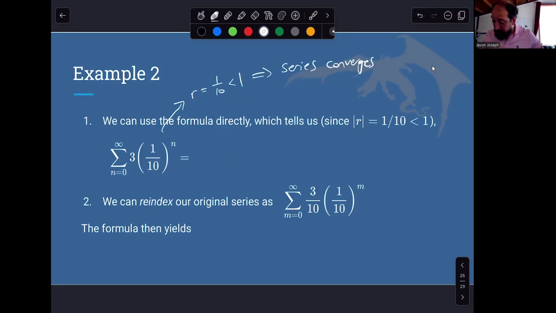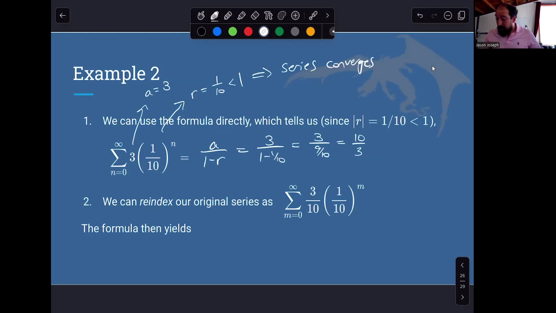And then what that formula tells me is that this will equal A over 1 minus R. So that's 3 over 1 minus 1/10, which is 3 over 9/10, which is 10 over 3.